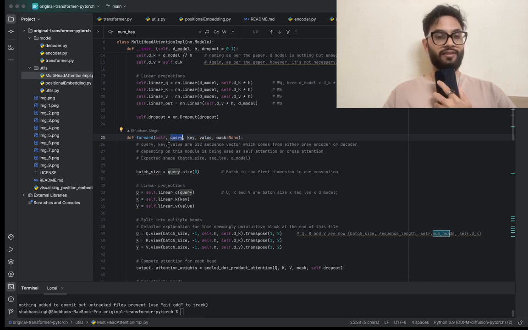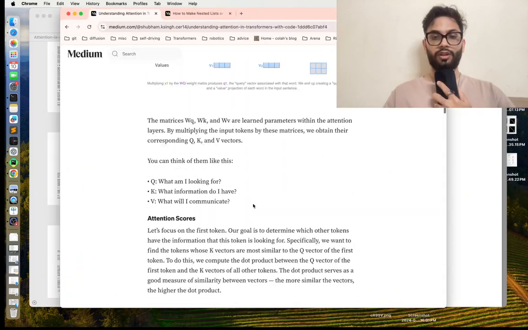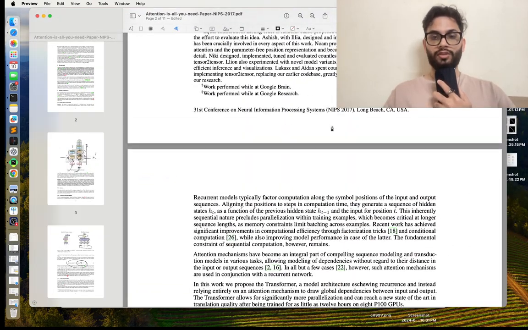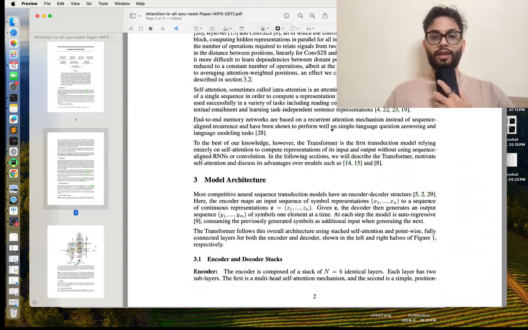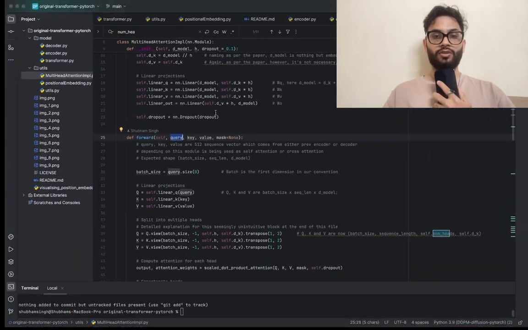In case of decoder self attention, the decoder has two attentions, self attention and then cross attention. In decoder self attention also, all these values correspond to the output of the previous decoder. In cross attention, query corresponds to the value of the previous decoder and key and value correspond to the encoder output.